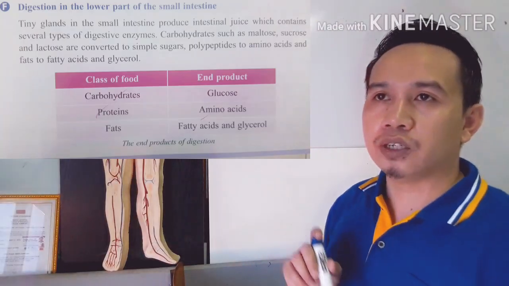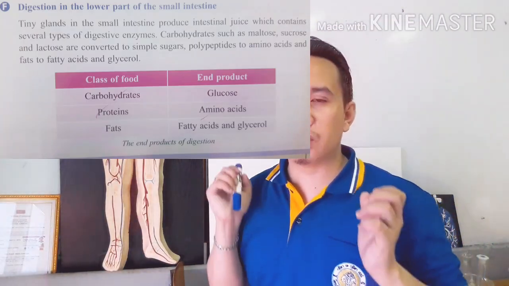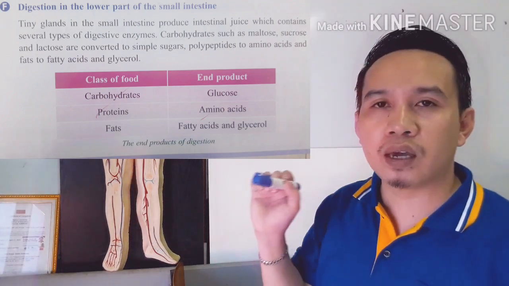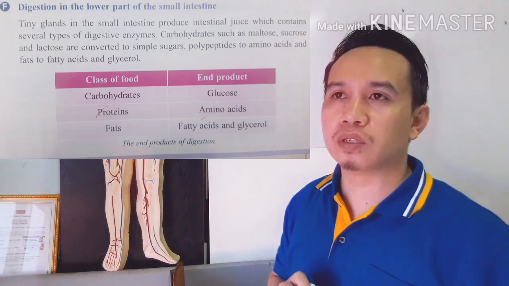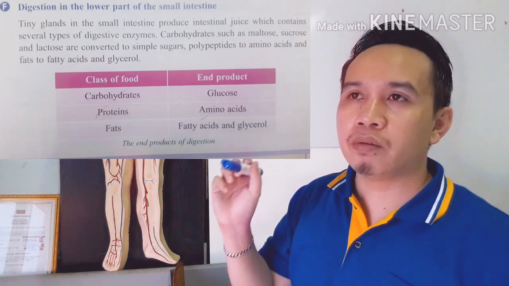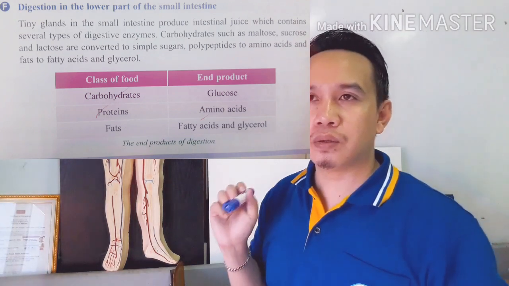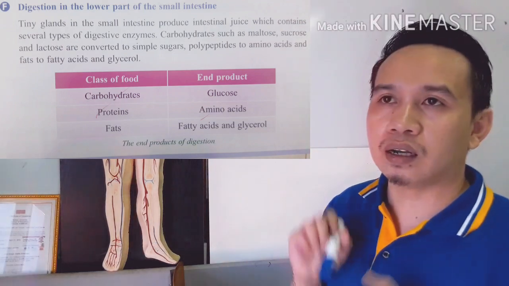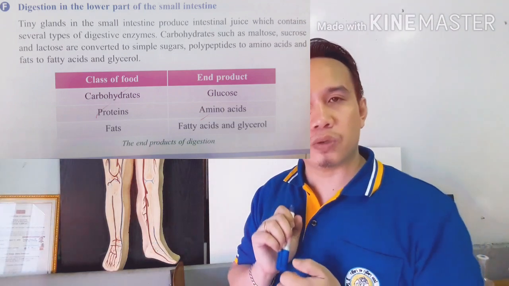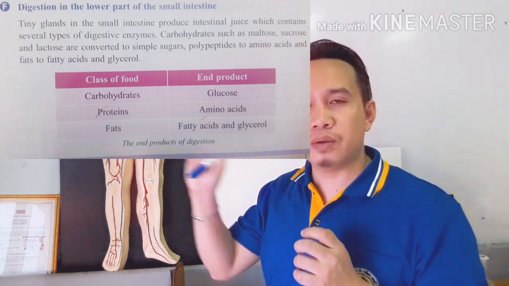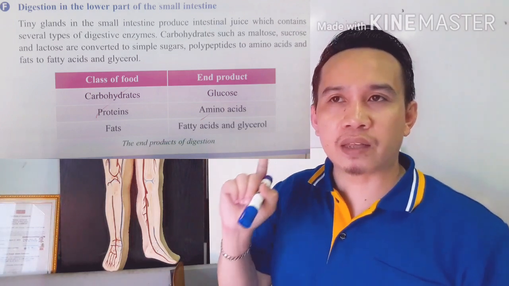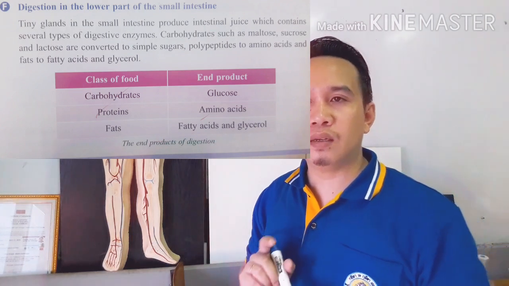Tiny glands in the small intestine produce intestinal juice, which contains several types of digestive enzymes, right? Carbohydrates such as maltose, sucrose, and lactose are converted to simple sugars. We have polypeptides to amino acids and fats to fatty acids and glycerol.